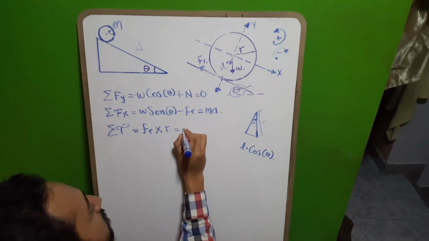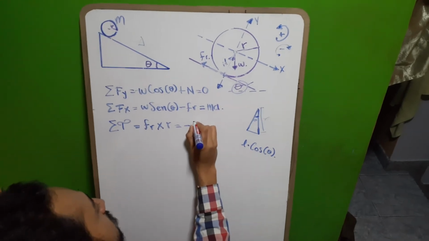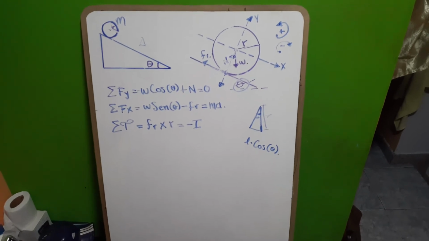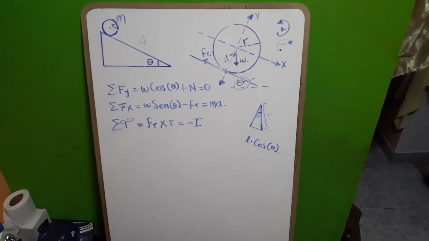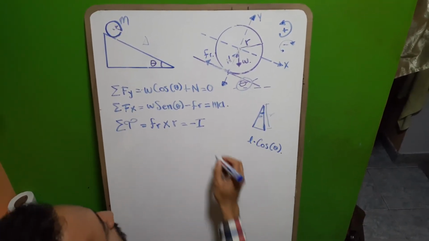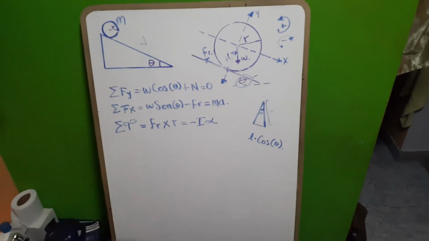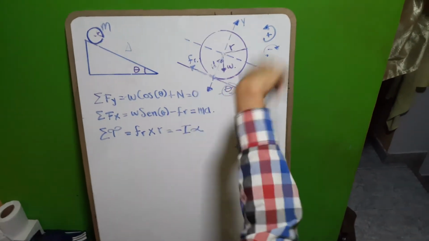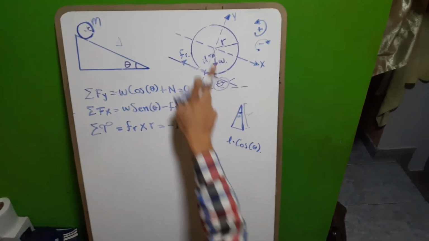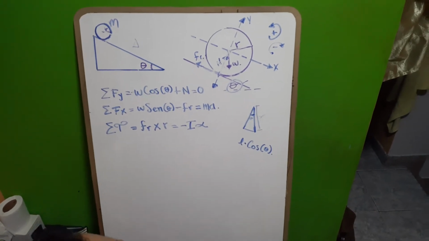This is equal to the moment of inertia multiplied by alpha, the angular acceleration, but this acceleration is translational.